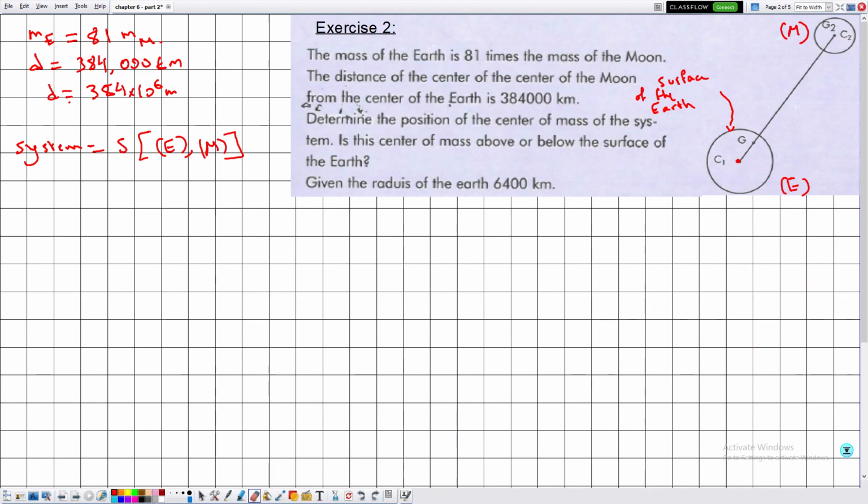So in this case, let me say that step number 1 is given by choose a reference system. Step number 2, coordinates of bodies or the center of masses of the body. Step number 3 is given by the barycenter formula, and step number 4 is given by the projection.